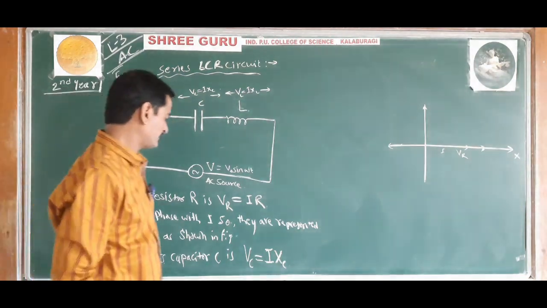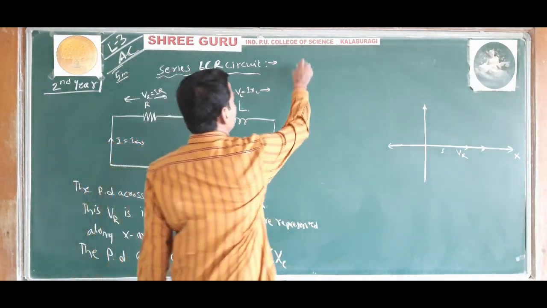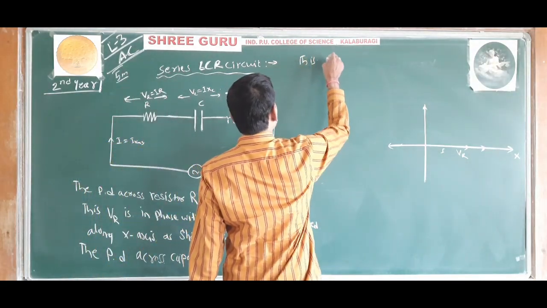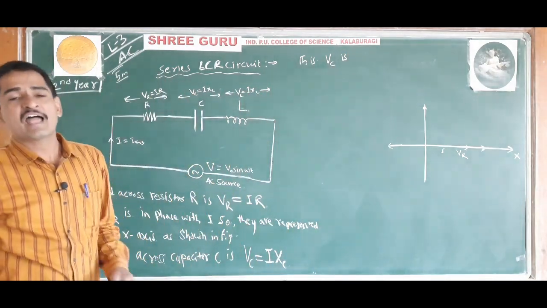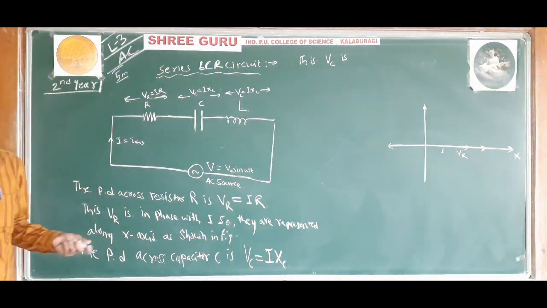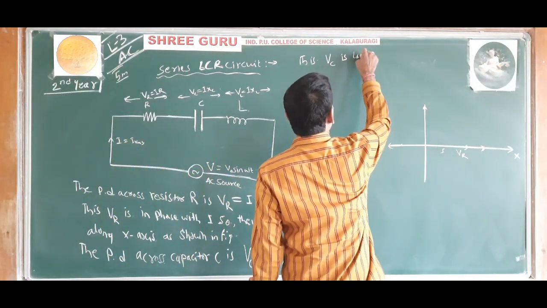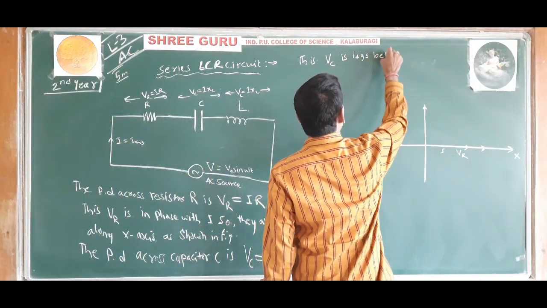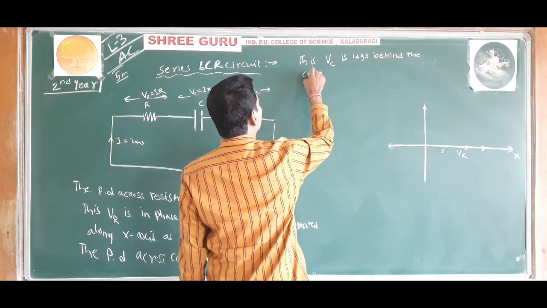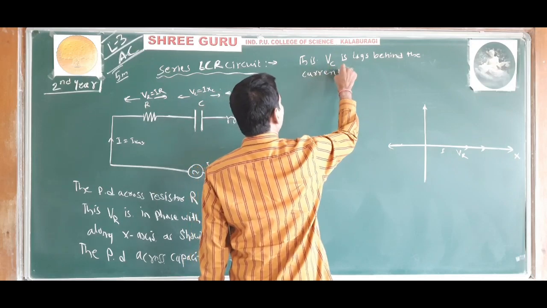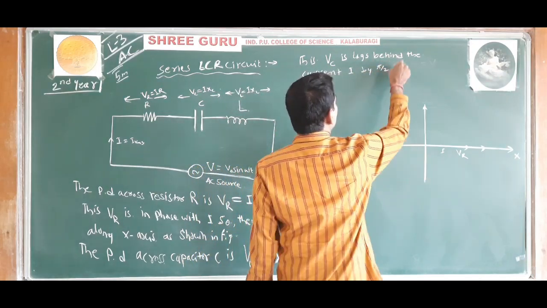This VC is equal to I into XC, and this potential difference VC lags behind the current I by pi by 2.